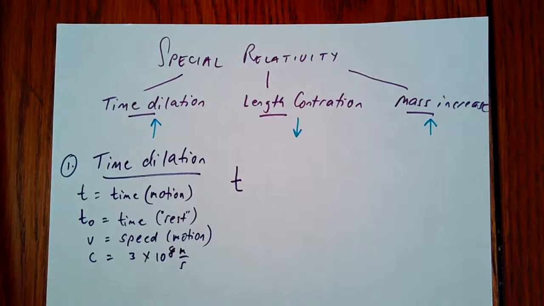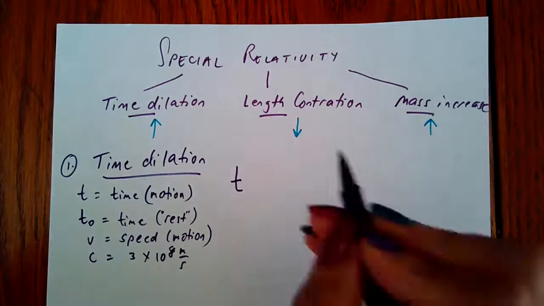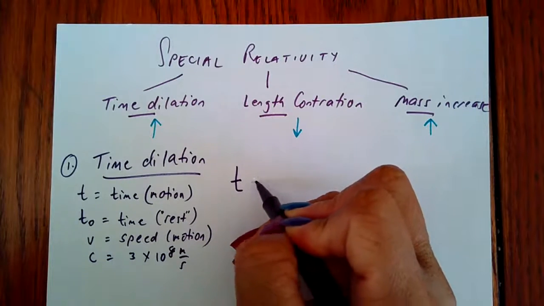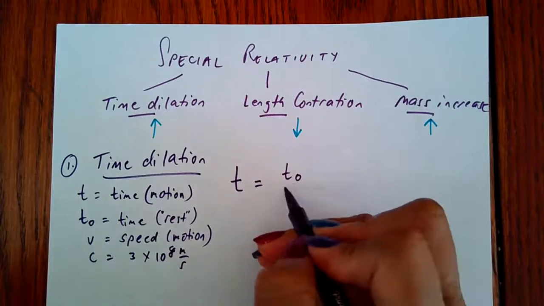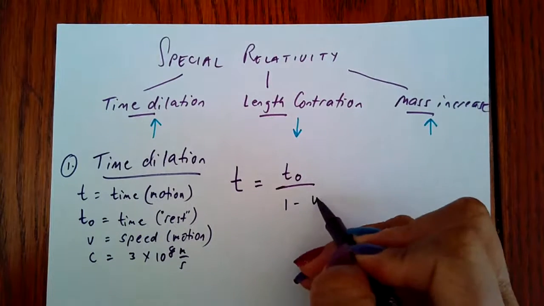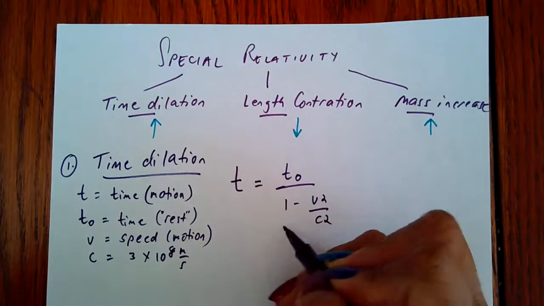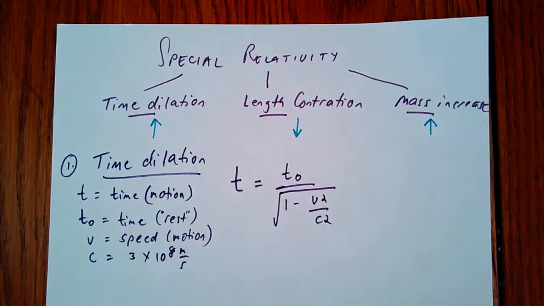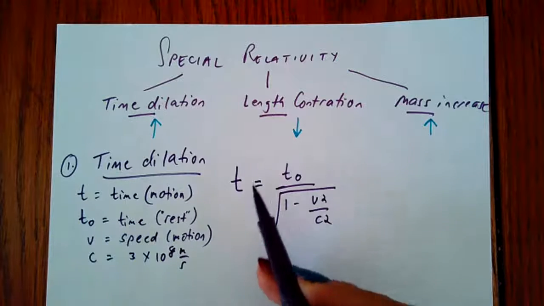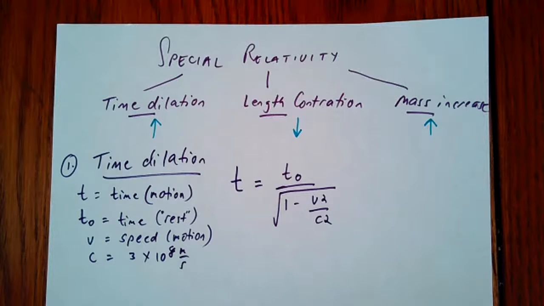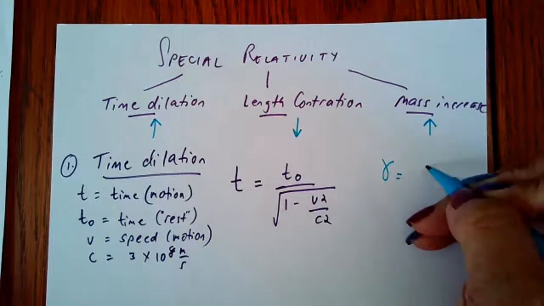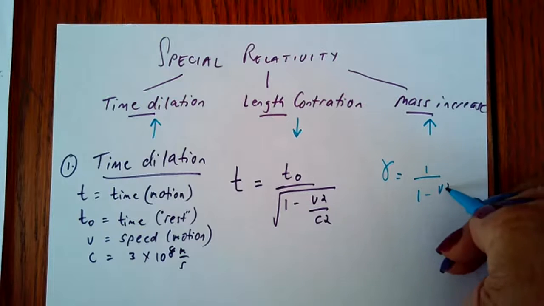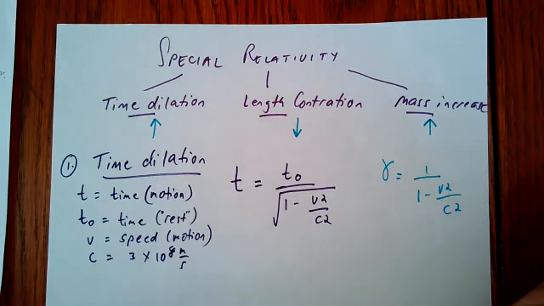So what happens in time dilation? T is going to increase in this formula. When we look at the bottom part here, this is known as the Lorentz factor. The Lorentz factor is the gamma factor, which is 1 over the square root of 1 minus v squared over c squared.